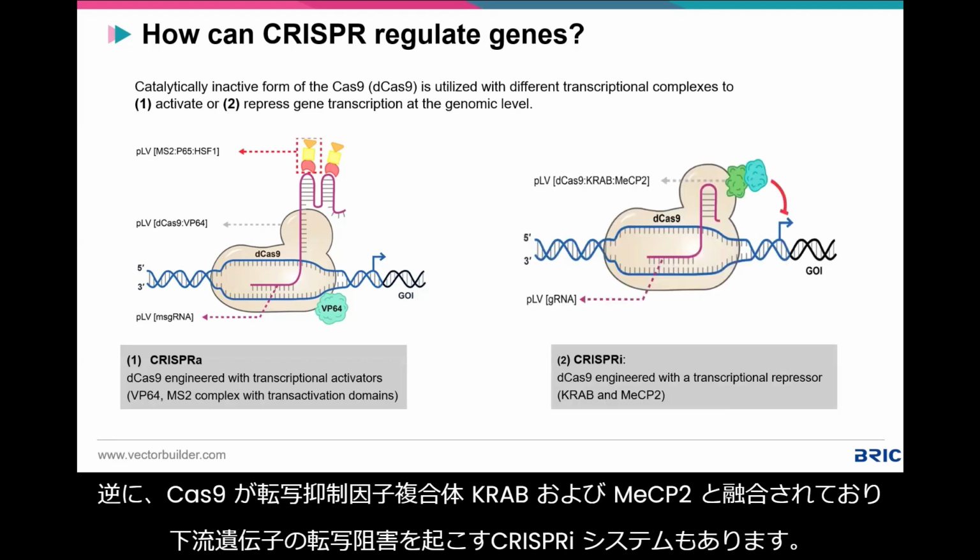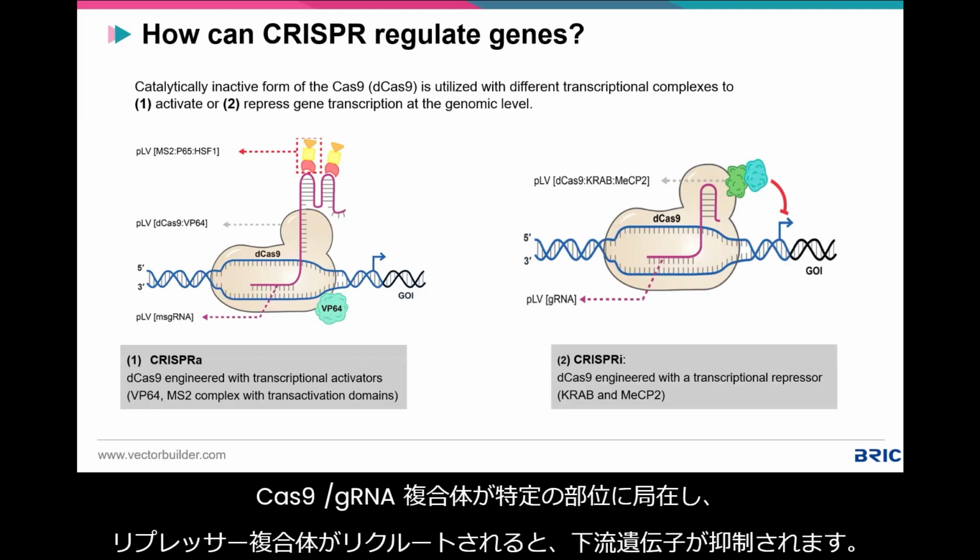On the other hand, there's CRISPRi, where the inhibition happens, where Cas9 is fused with transcriptional repressor complexes, KRAB and MeCP2. So when the Cas9 guide RNA complex is localized to a specific site, and that includes recruitment of repressor complexes, there is repression of the downstream gene.